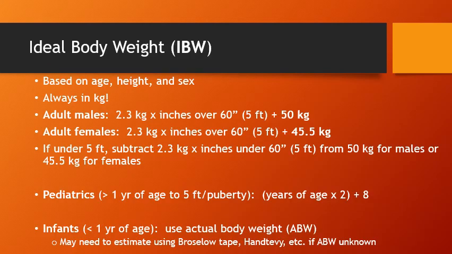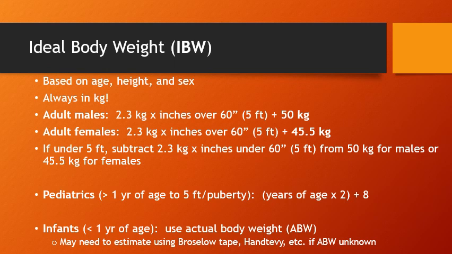So that is why we have to talk about ideal body weight. Basically, ideal body weight, all it's telling us is for a patient's height, ideally, what would their body weight be? Doesn't matter what it actually is. They may be less than that, or they may be more than that, but ideally, for a given height, what should their weight be?